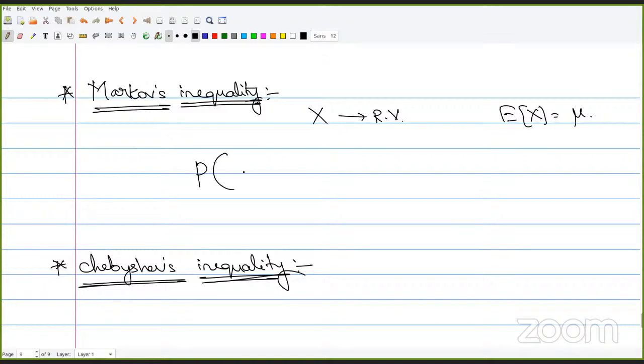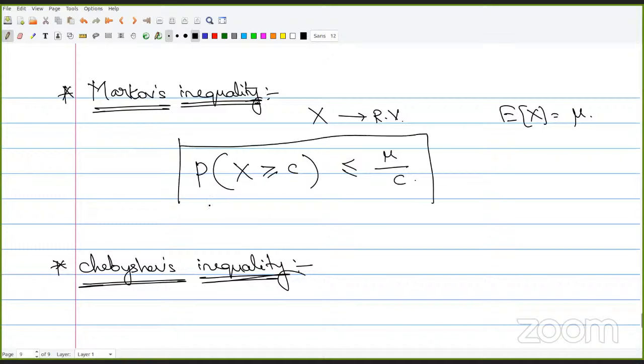The probability that x takes values greater than or equal to c will be less than or equal to mu by c. This is true for both continuous and discrete. Right now we are discussing only discrete, and it will be true for continuous also.